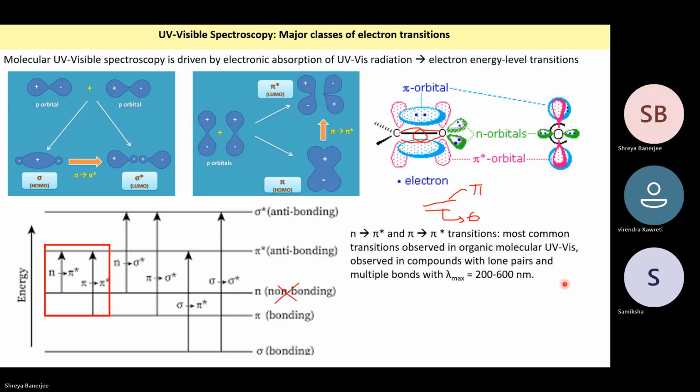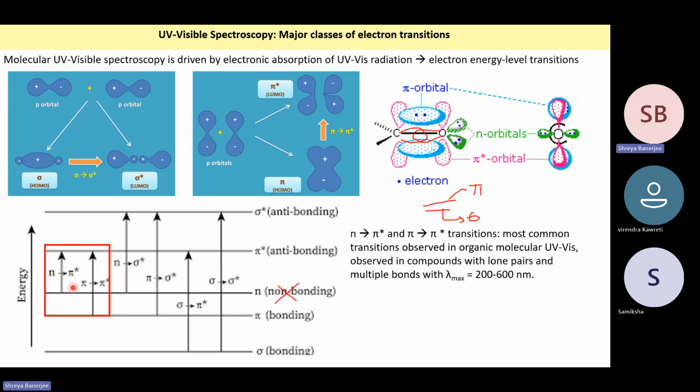Ma'am, HOMO and LUMO now also mean this portion of bonding and anti-bonding. What will happen when these cases like n to pi star occur, why are these only favorable and the rest are not? See, one reason for that is the energy difference.